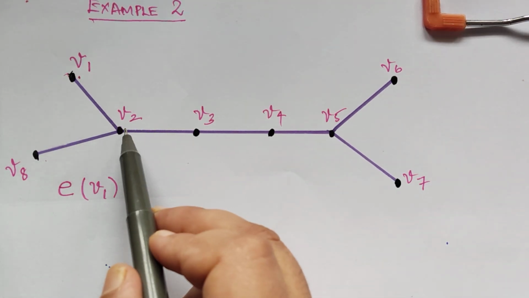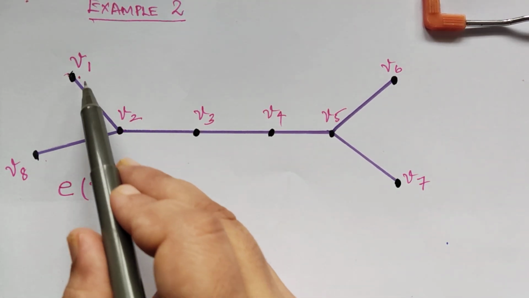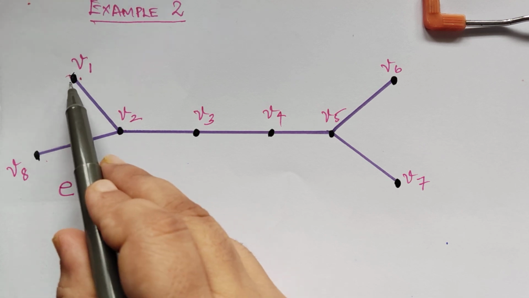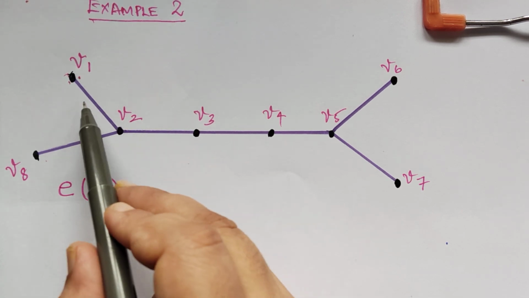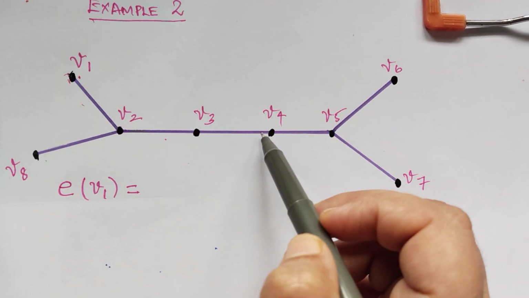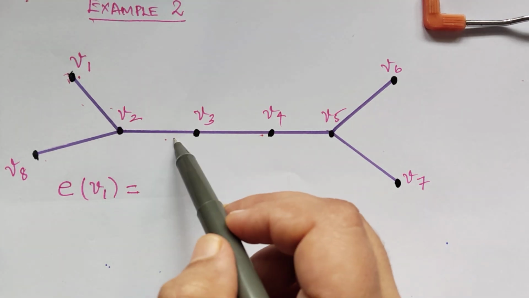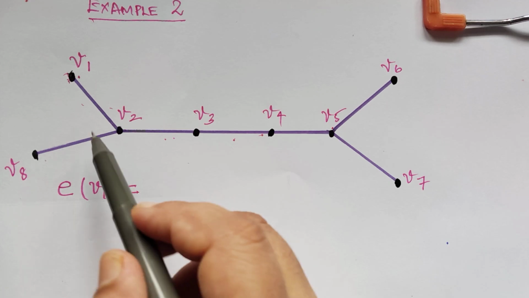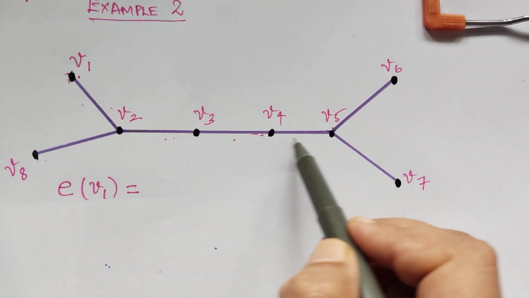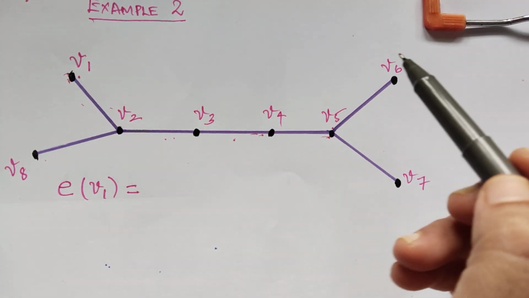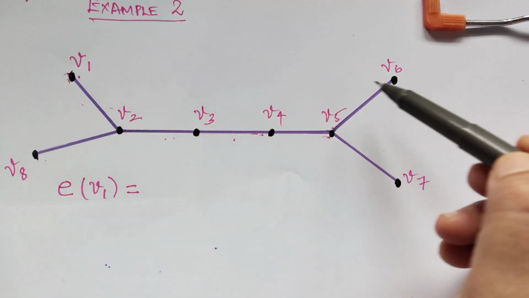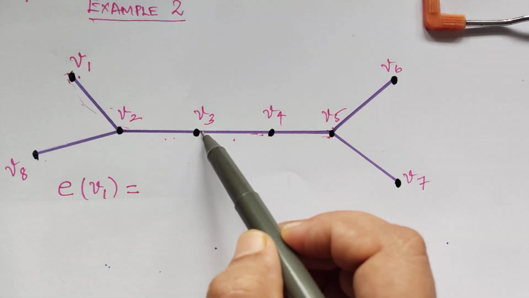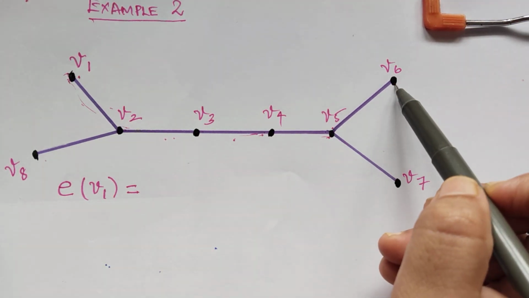From V1 to V2 the distance is 1, because there is only one edge. Then V1 to V3 it is 2, since there are two edges. V1 to V4 is 3, three edges between them. V1 to V5 is 4, four edges between them. Then V1 to V6 we have 5 edges.